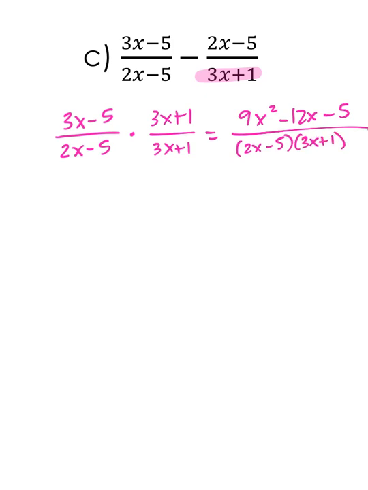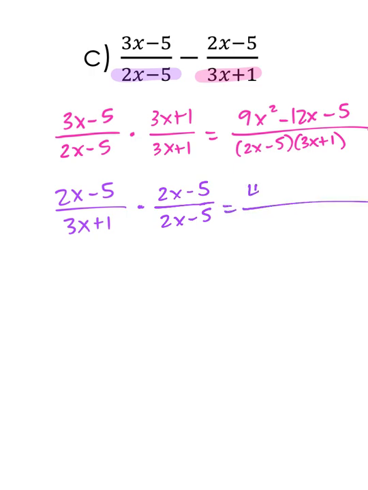Right, I'm going to do the same thing for this second factor. So 2x minus 5 over 3x plus 1. I am going to multiply that by the first factor's denominator. So 2x minus 5 over 2x minus 5.